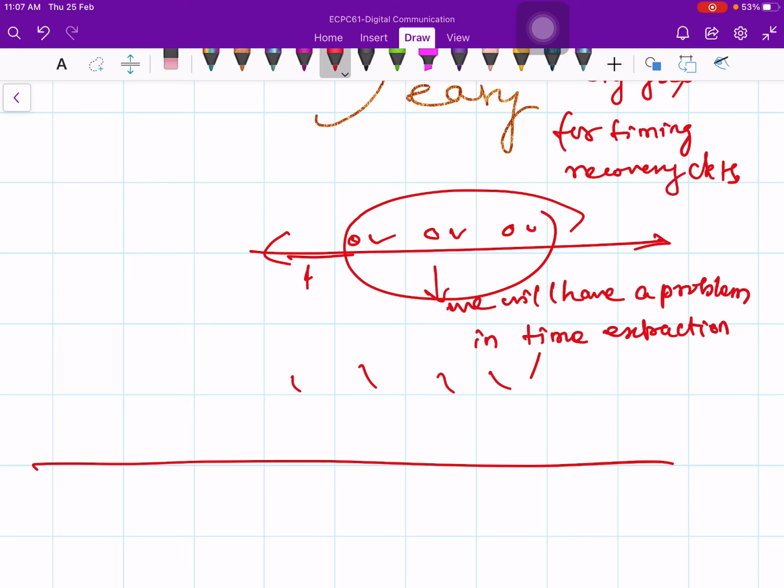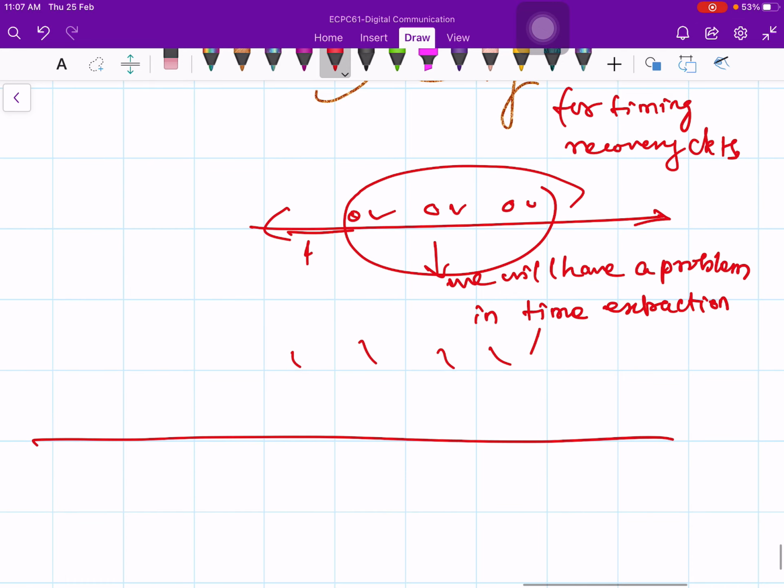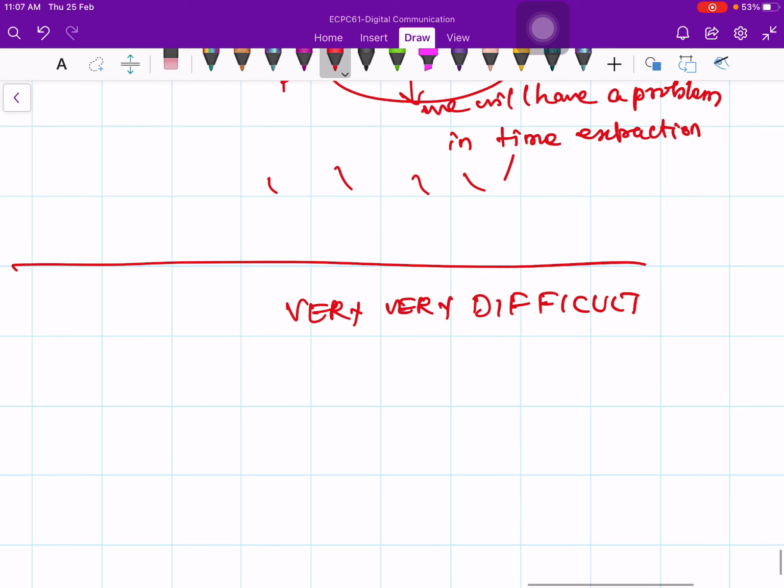And also, if you lose the clock information, then it is very difficult to recover the clock. If you don't recover the clock, what is the consequence?